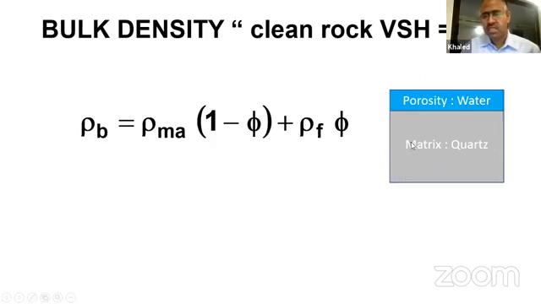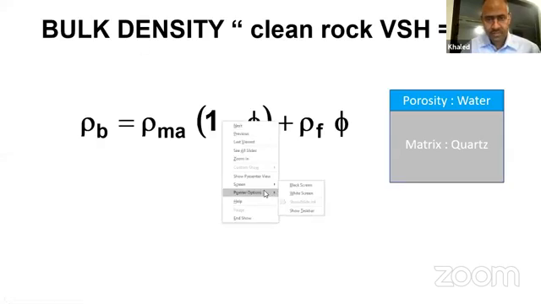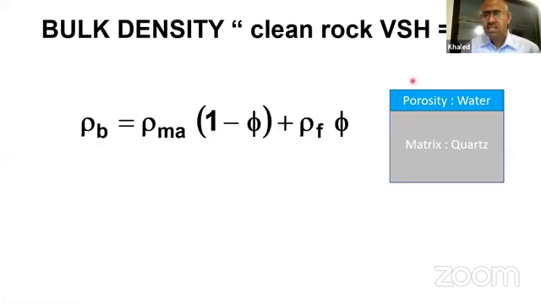So it's equal to the density of the matrix multiplied by the volume of the matrix. And the volume of the matrix, remember that in petrophysics, the whole volume is equal to 1. Okay? So the total volume is equal to 1. That makes the volume of matrix equal to 1 minus the porosity. That's the volume of the matrix.